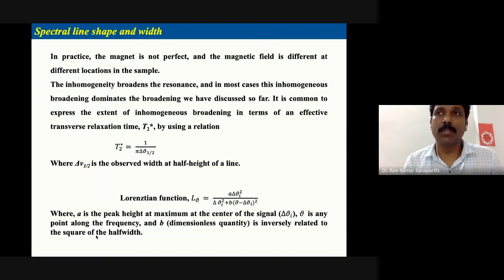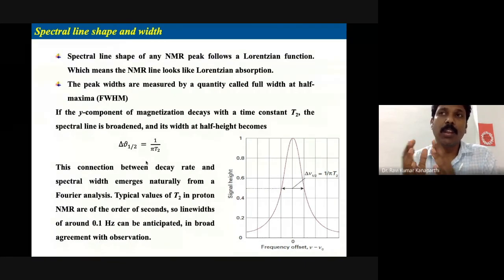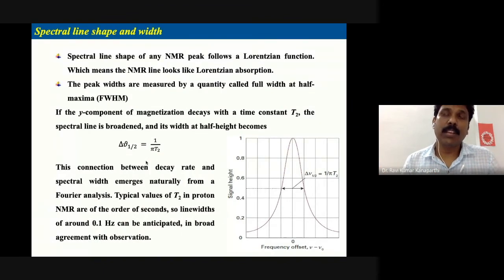They will merge together if the spectral width is more. On the other hand, if the spectral width is smaller, and they occupy a very small region, that indicates that you can resolve the two different closely related signals very well, and then you can interpret the data in a better way. So for any spectroscopy technique that you may come across, the smaller the FWHM, the better the resolution of the instrument.